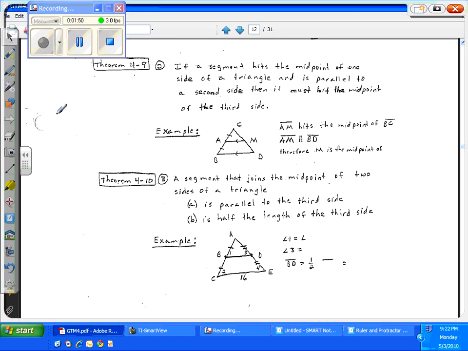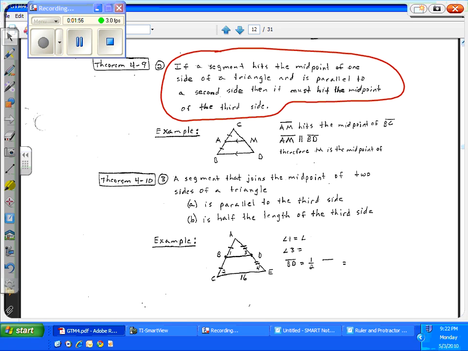Theorem 4.9. They get a little bit more complicated as we go here. If a segment hits the midpoint of one side of a triangle, the segment in question here is AM, and is parallel to a second side, then the conclusion is that it must hit the midpoint of the third side.